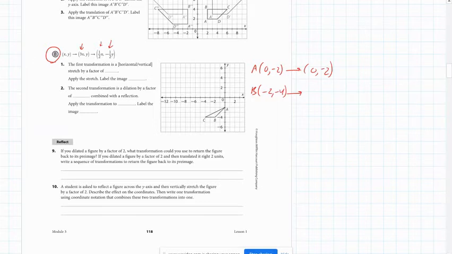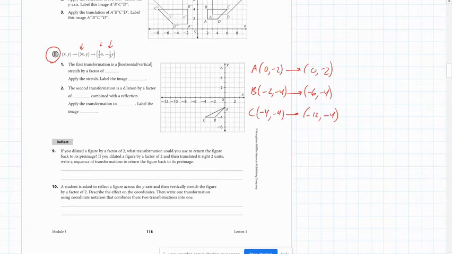When you multiply the x coordinate by 3, that becomes -6, -4. And point C is at -4, -4. And that is going to end up at -12, -4. So that's just the first transformation.